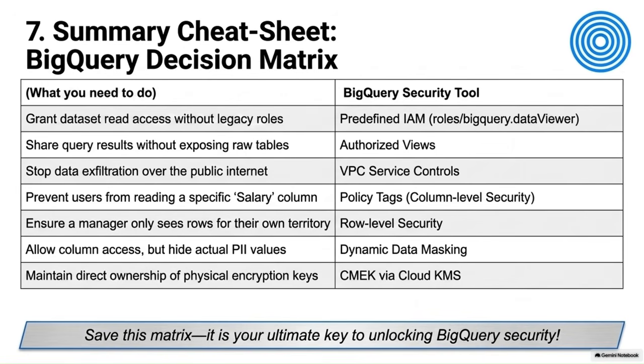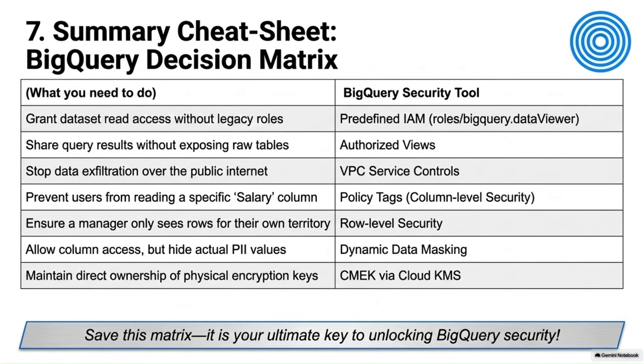If you want to stop data exfiltration over the network, meaning somebody from outside should not see your data while you are querying it, you create a perimeter, which is VPC Service Controls, on top of it. If you want to prevent a user from querying specific columns, use policy tags, which is column level security. If you want any particular user not to see particular rows, you can use row level security.